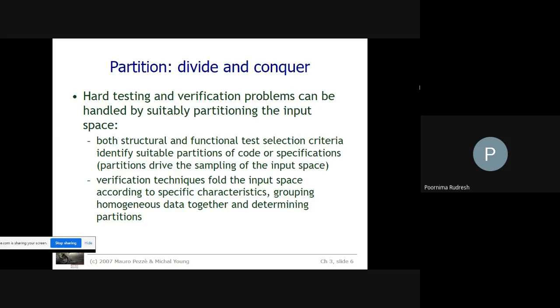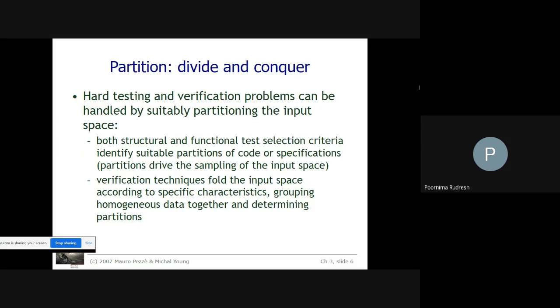Partition means what? Dividing the complex problem into smaller subsystems. Or if you consider the entire project is divided into smaller modules, and each module is treated independently, and each module is designed and implemented independently. Once it is done, at the final stage, all the independent modules are combined or integrated together, and that will result in a larger system, and that is called divide and conquer. Understood?